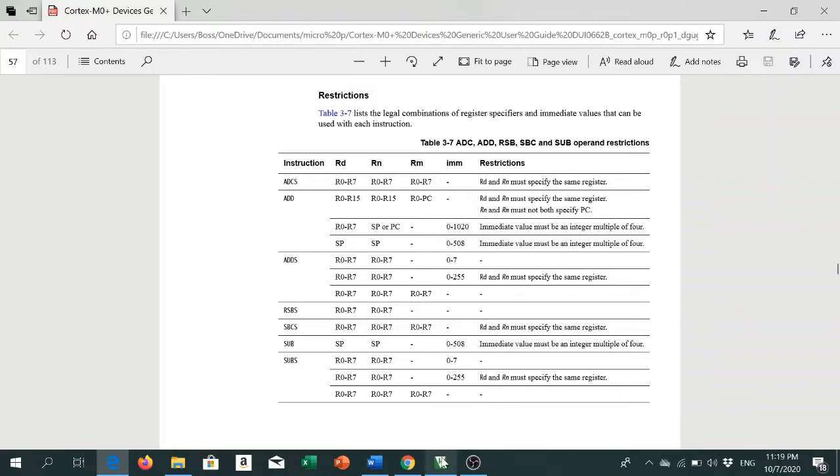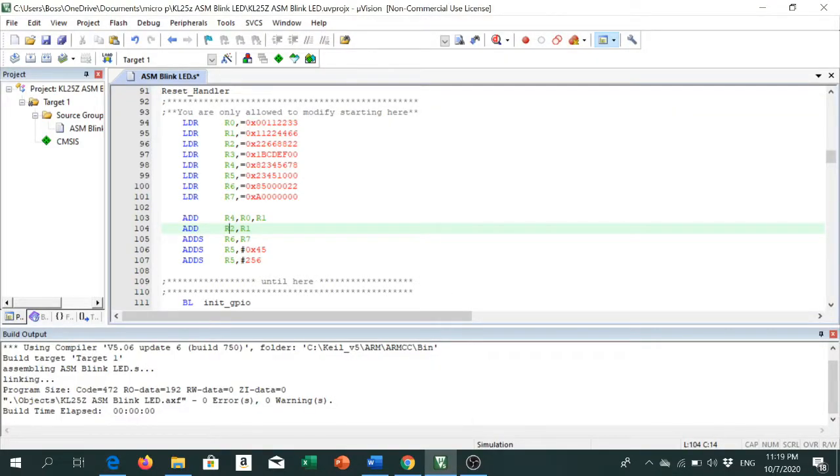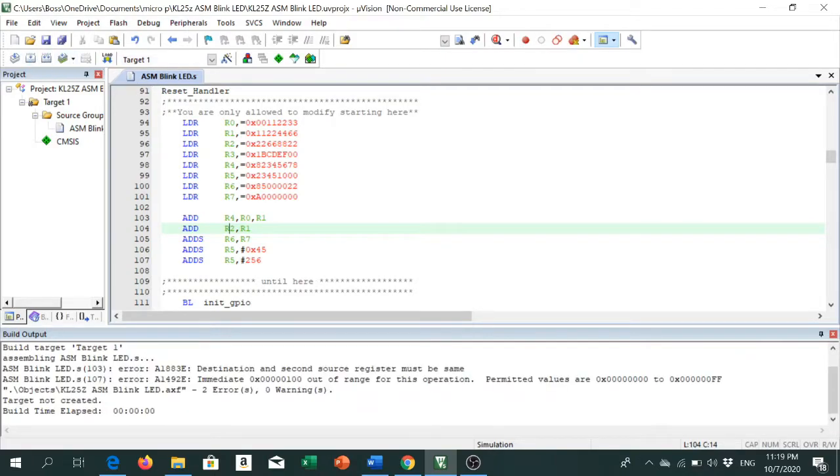So let's see the example. Before I go for the example, I would like to go to the syntax errors. Okay, let's build. As you can see, there are two errors here.